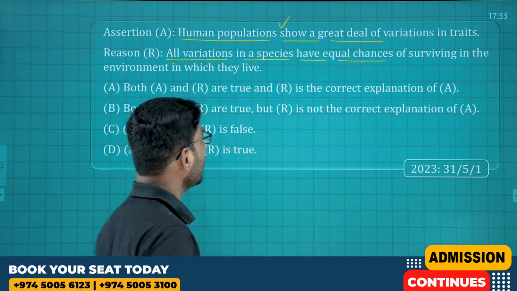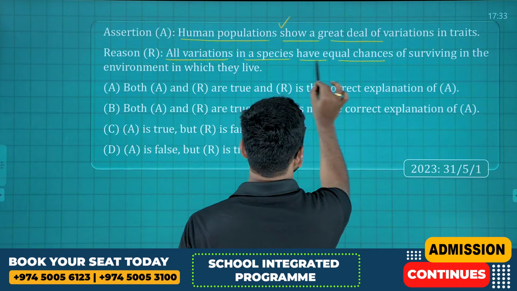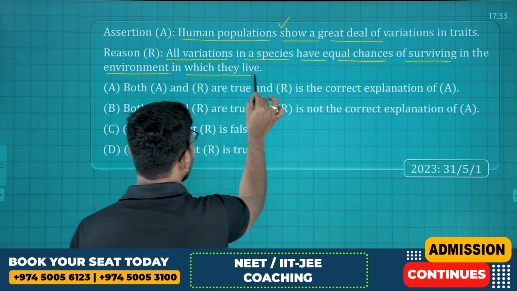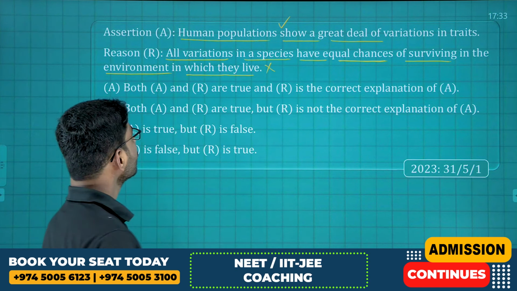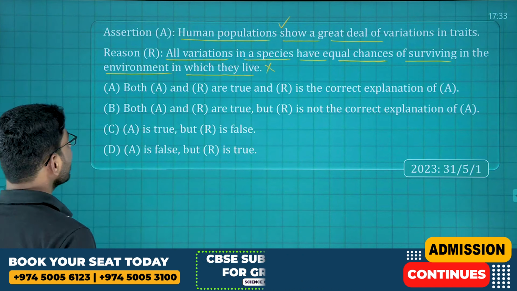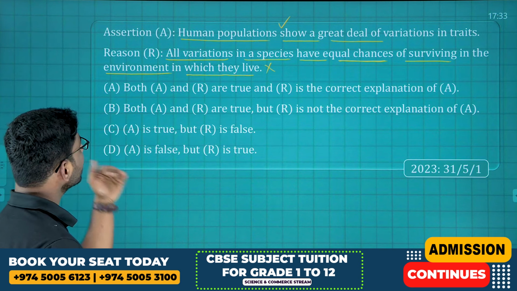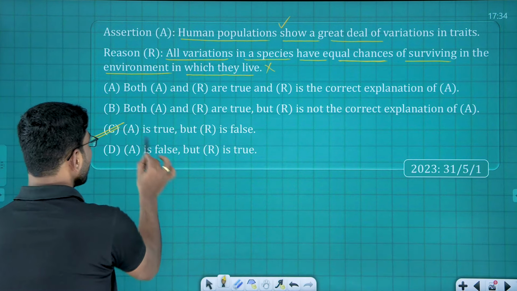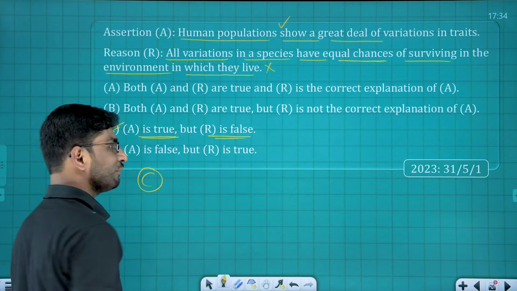Keep in mind. Okay. Now they are asking, species have an equal chance of survival in the environment in which they live. No, statement wrong. So statement 1 is correct, statement R is wrong. The assertion is correct, reason is wrong. So correct answer is what? Option C. A is true, but R is false.